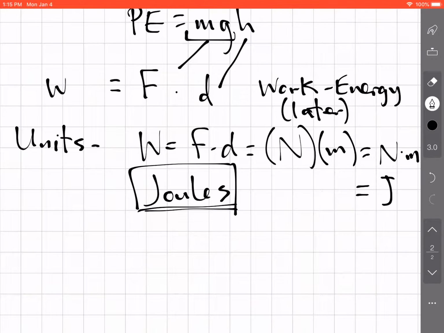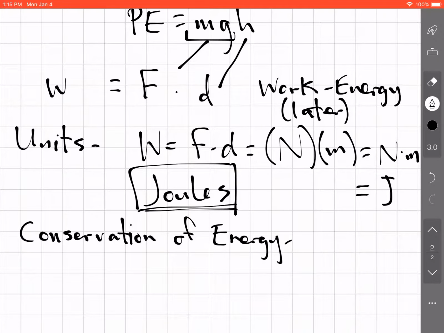Okay. So we talked about work, we talked about different types of energy. The last thing to talk about for today is the conservation of energy. So the idea here is energy cannot be created nor destroyed.